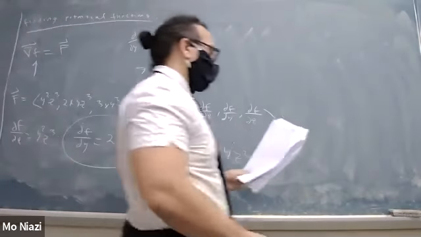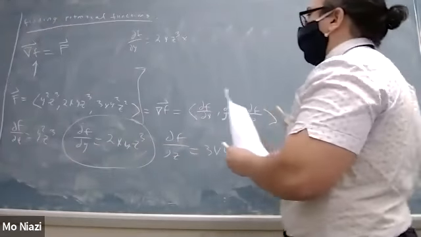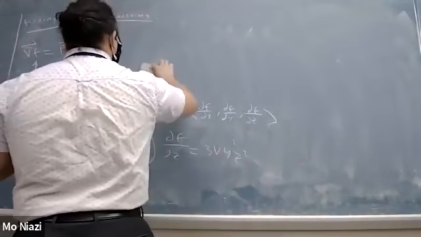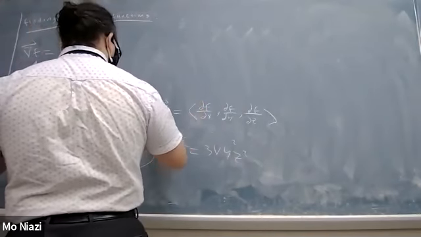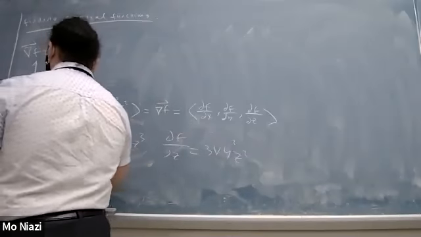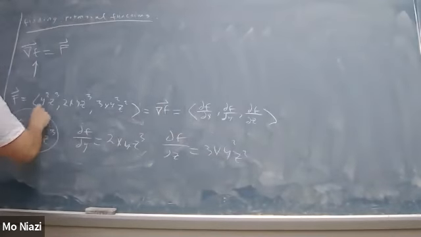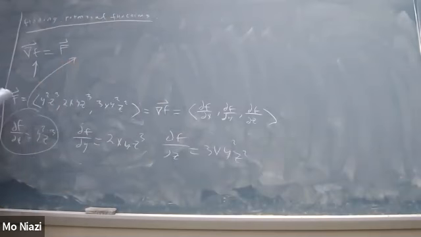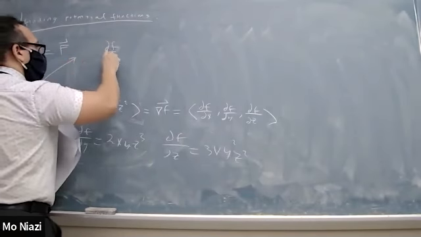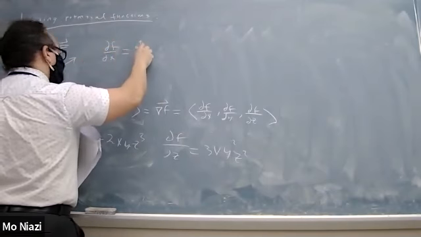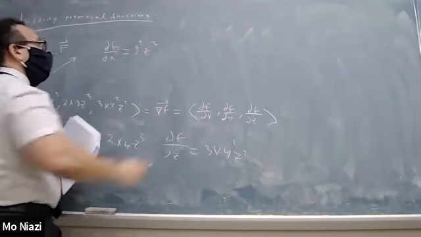We are going to look at that guy, but not that one first. We'll look at this one in a second. Let's look at x first. Okay, so I'll just rewrite it. Partial f, partial x equals y squared z cubed.